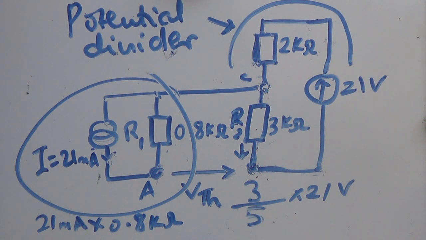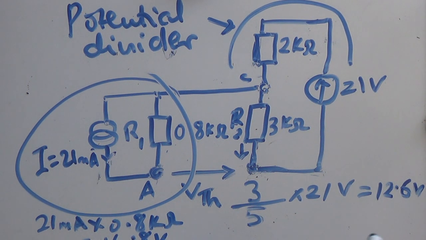And this should be equal to 12.6 volts. Here we have 21 times 0.8. This is 16, because the kilos will go a milli, and so we get 16.8 volts.